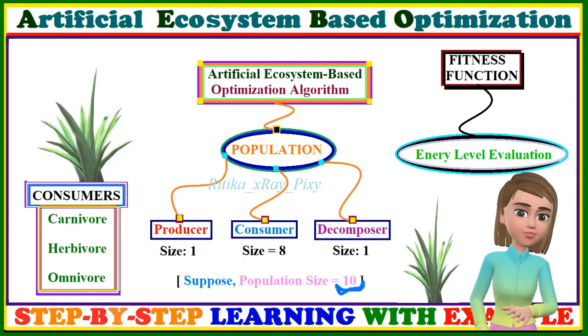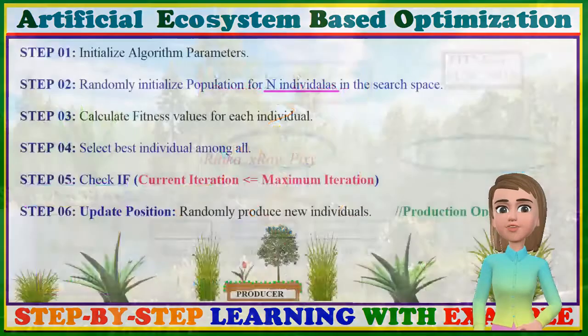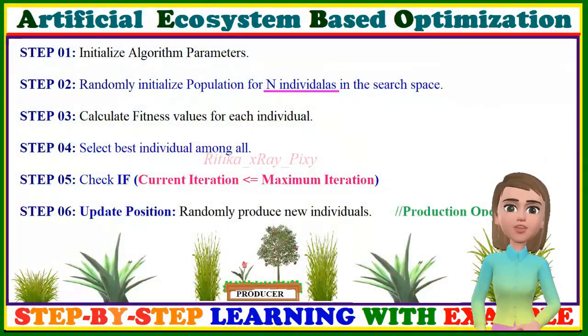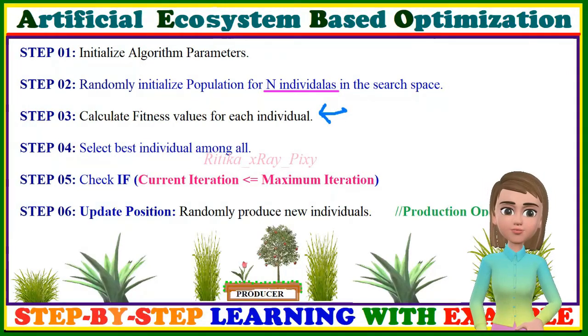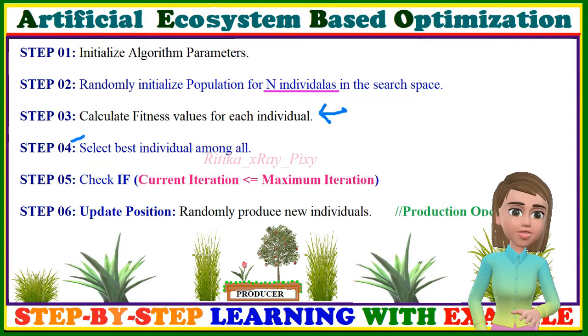It means the value for n here is 10, and we have 1 producer, 1 decomposer, and 8 consumers. So we will initialize the population for the n individuals in the search space randomly. After that, using any fitness function, we will calculate the fitness value for each agent, and we will select the best agent among all.